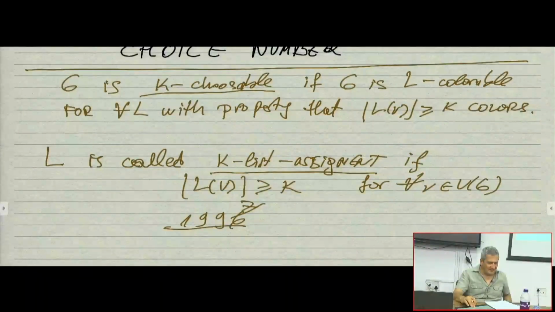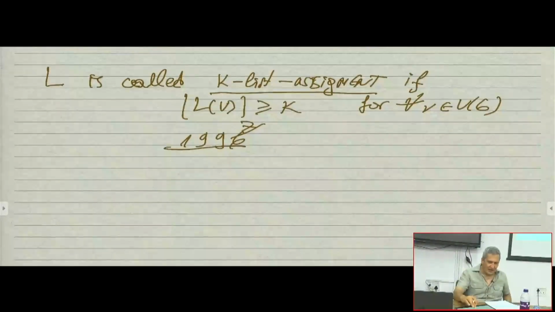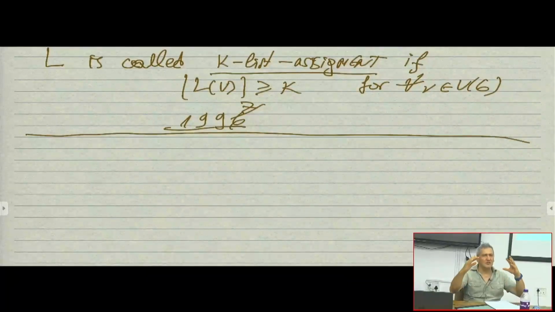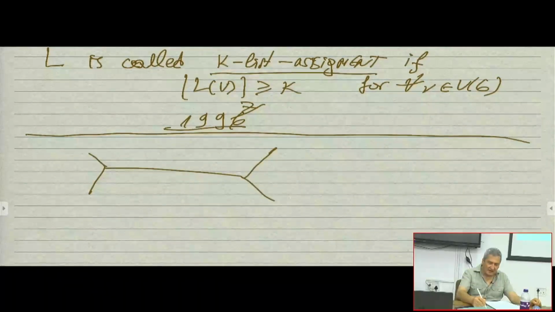Okay, we have this definition. Now, what is your opinion? Is list coloring easier or harder than usual coloring? Why harder? Let's say I have a vertex U with a list of colors 1, 2, 3, and a vertex V with a list of colors 4, 5, 6.